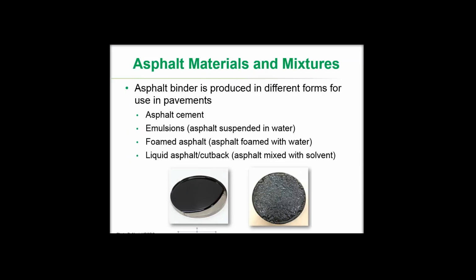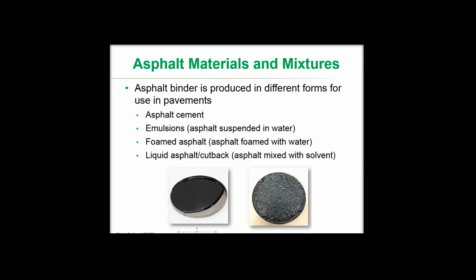So asphalt is produced in many different forms for use in pavement. The most typical, and we have a picture on the left there of an asphalt cement, is refined from oil. We can take that same asphalt material and suspend it in water to help us spread it and use it in various applications, which is called an emulsion.